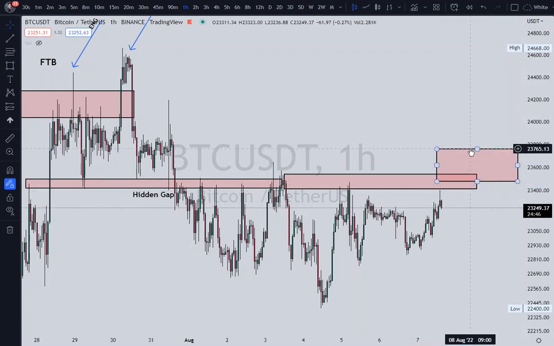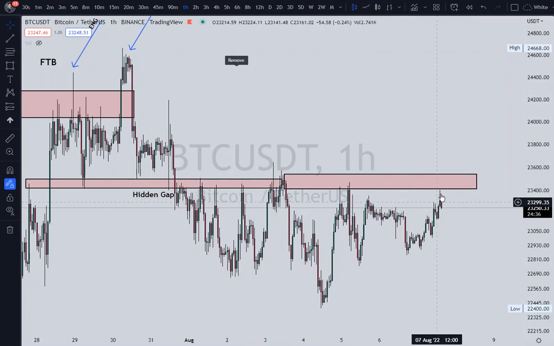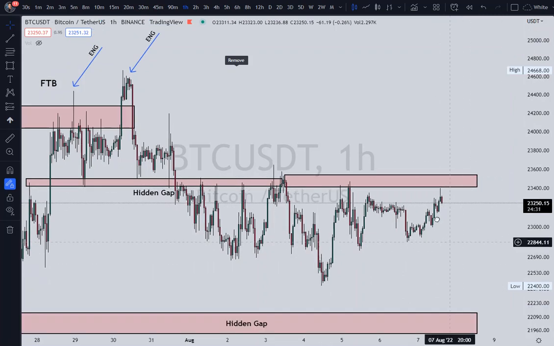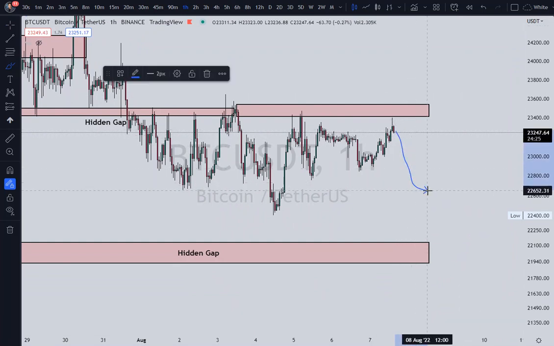There are lots of sell orders here, and it's really important to see what will happen for Bitcoin in this area. Still, you can see it's rejected once, and this is the second rejection.